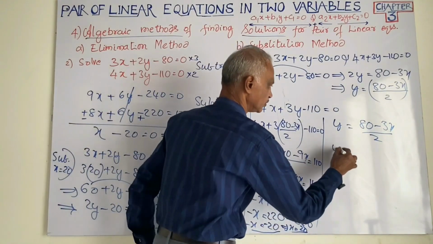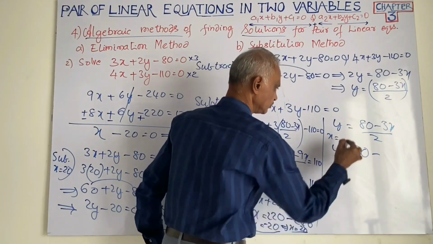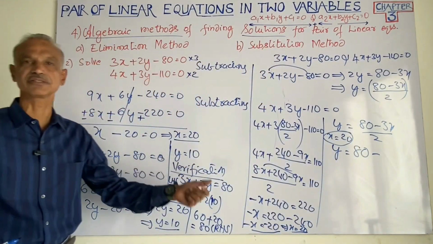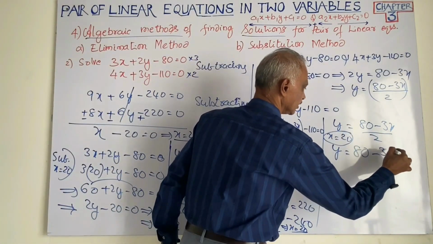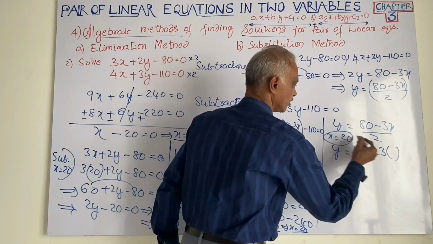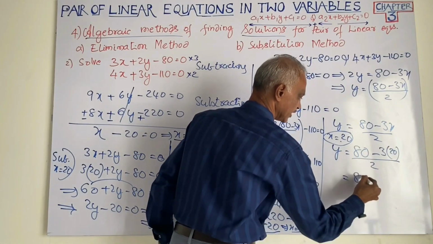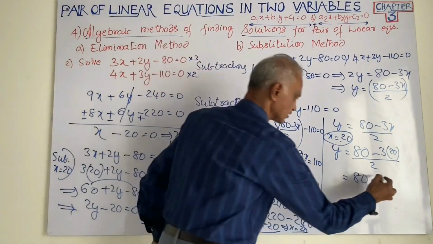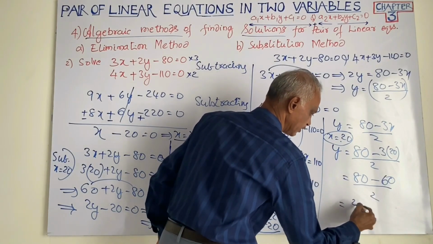y is equal to 80 minus 3 into, what is the value of x here? You have to substitute 20, by 2. 80 minus 3 twenties, 3 into 20, 60. 20 by 2.